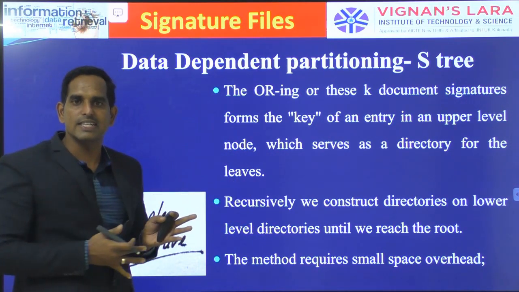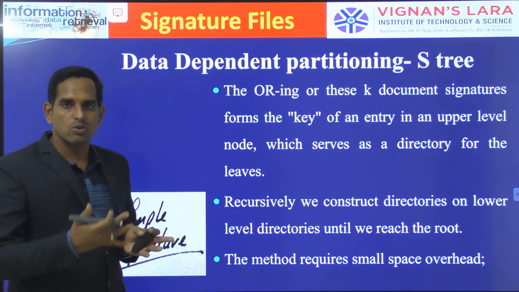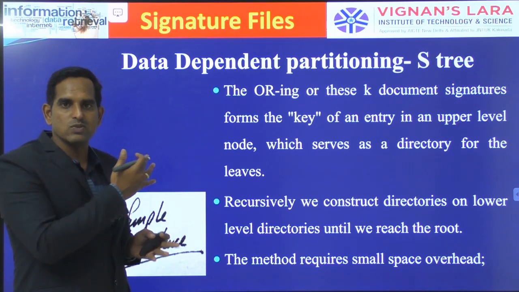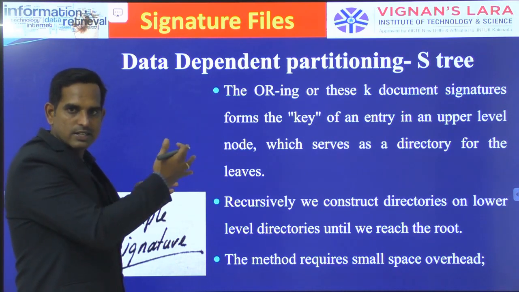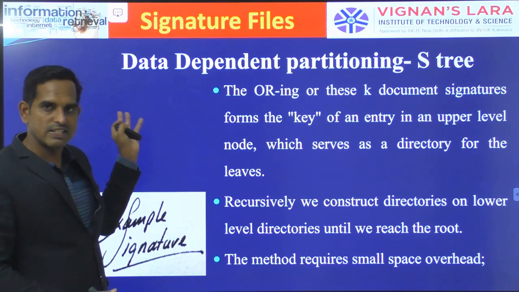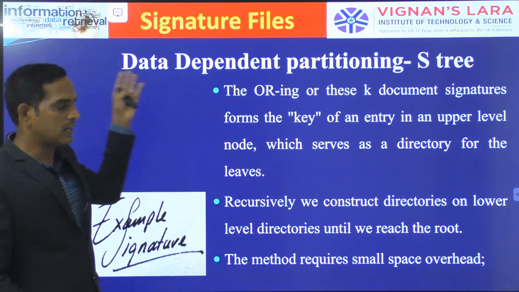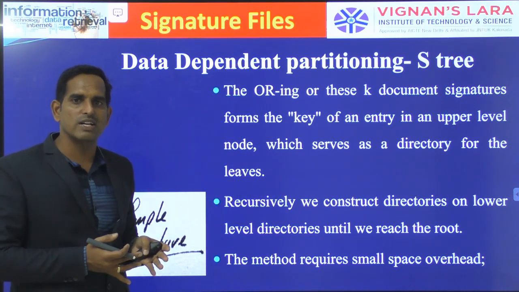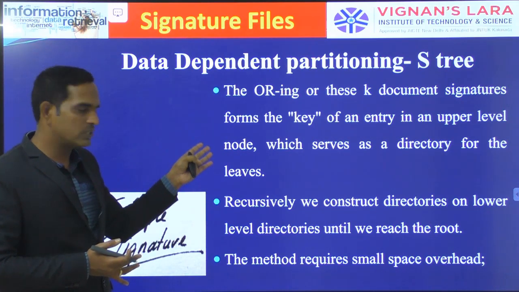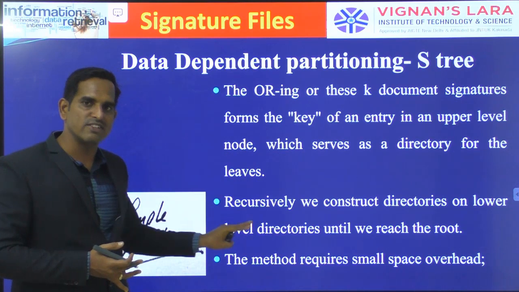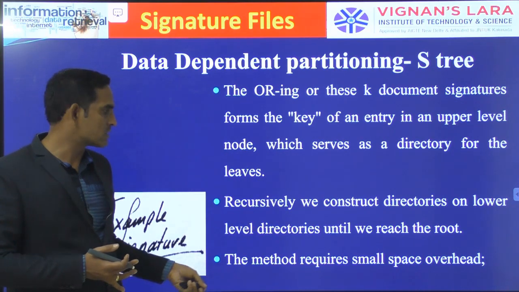Because you are creating a tree structure which doesn't require too many data values to store. But in the other methods where you store multiple level signature files, with one level of signatures and another level of signatures, the space overhead will be very high compared to this one. But this one will be carrying less space.